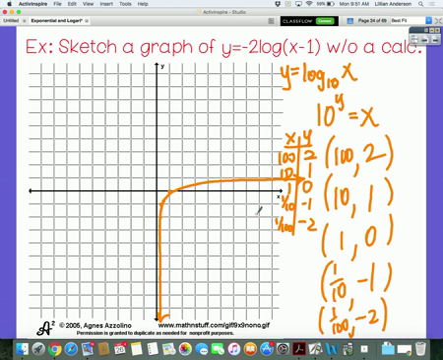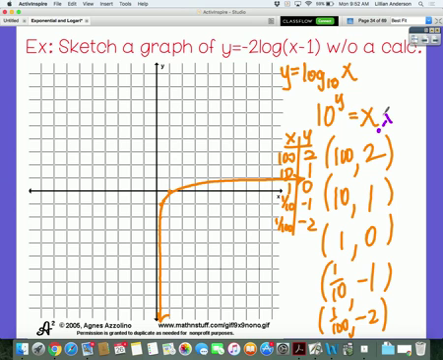Okay? For me personally, I can't visually see this, so I'd rather work with the numbers. I have the points here, so I can apply all my transformations to those points. This negative makes all of my y's negative, right? So that means I have to multiply all of my y's by negative 1 as well as 2 to have it vertically stretched and flipped.